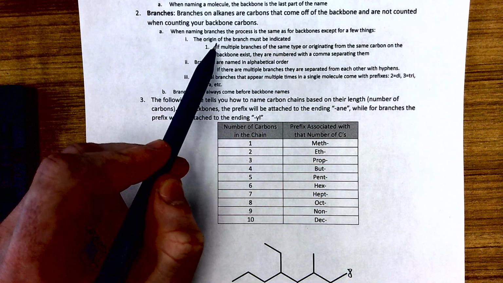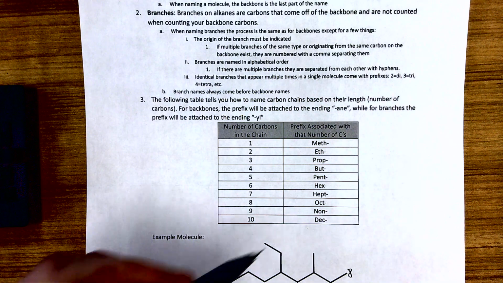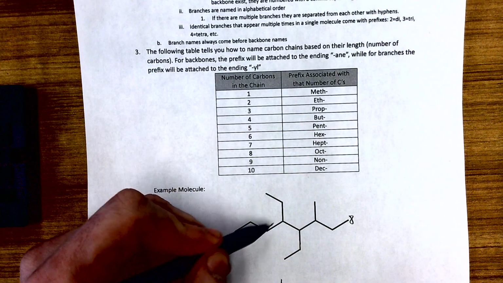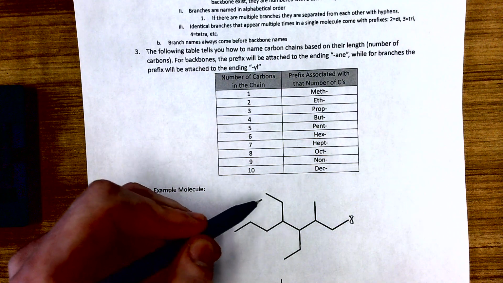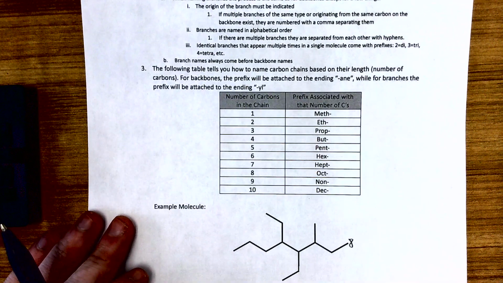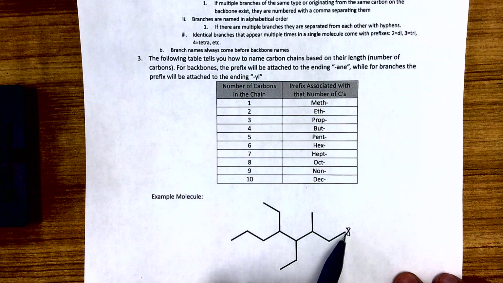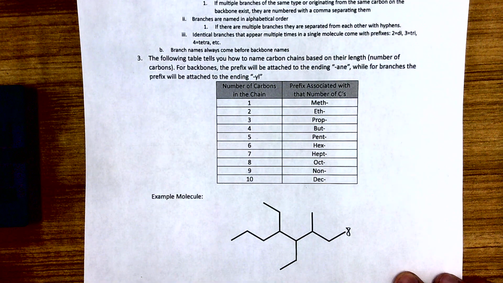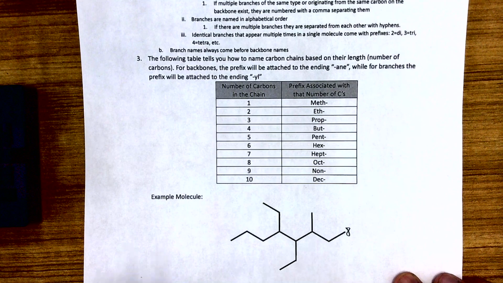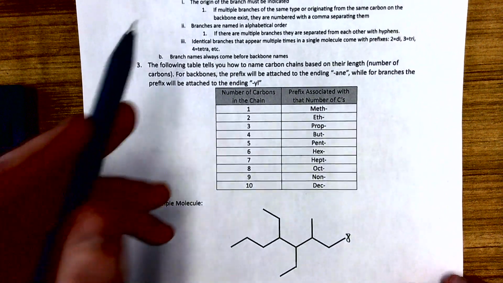And the origin is just what number carbon that branch came out of. And you want to choose a numbering system such that the first branch you encounter has the lowest number you can make it. And we'll see a lot of examples of this.